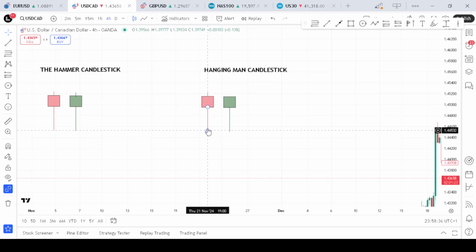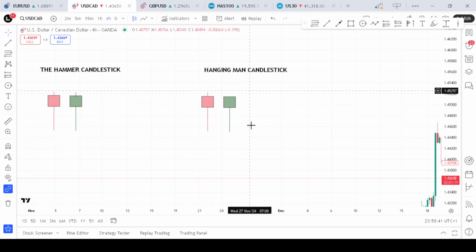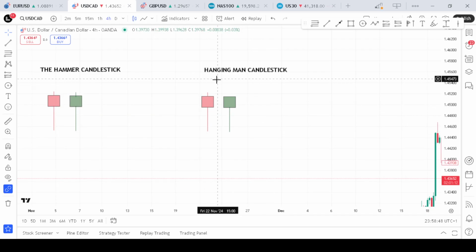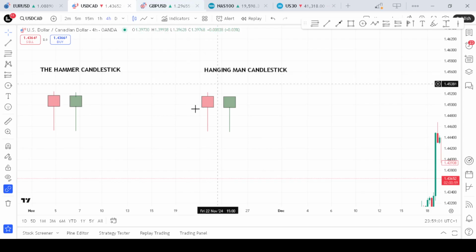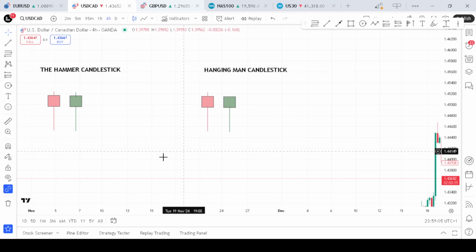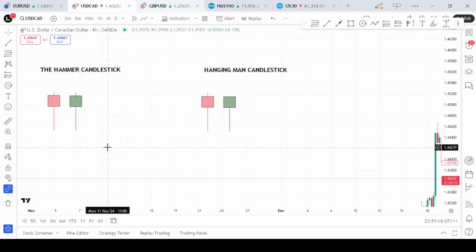However, unlike the hammer, which signals a potential bullish reversal, the hanging man suggests a bearish reversal may be on its way. Again, confirmation is key. Let's not forget that we need to see a bearish candle following the hanging man candlestick pattern to confirm that it is going to work. You have to always wait for a confirmation in any of these patterns before it works.